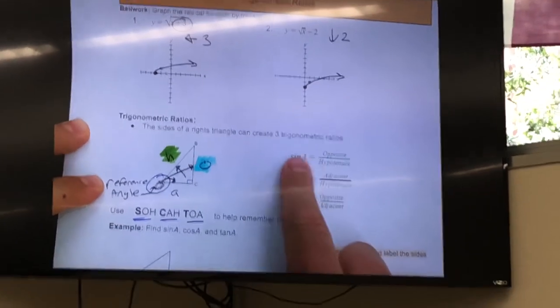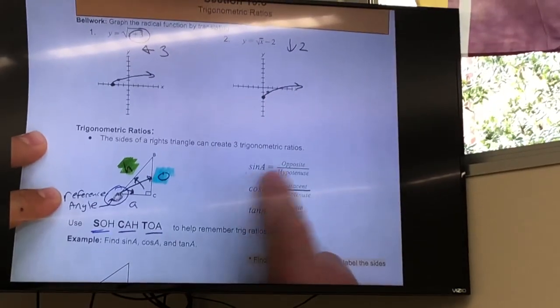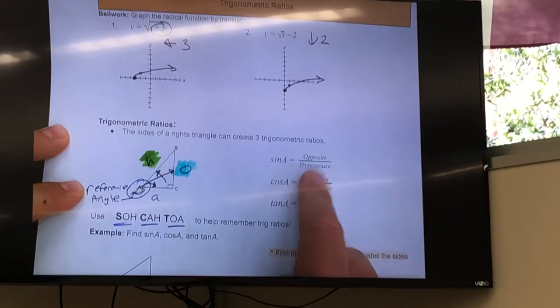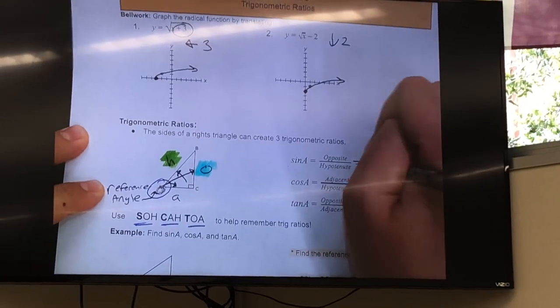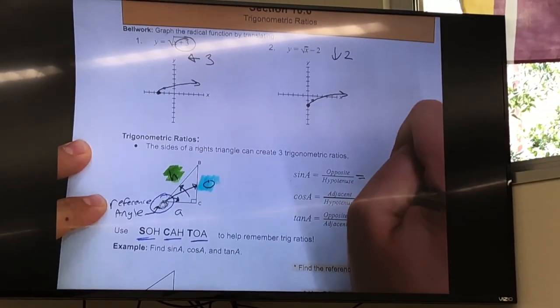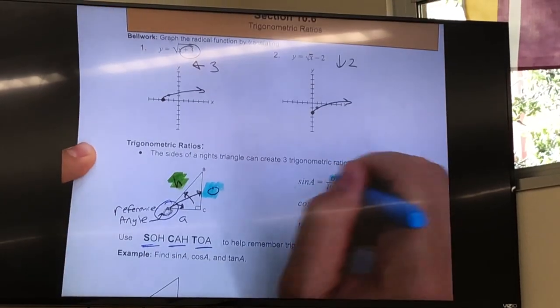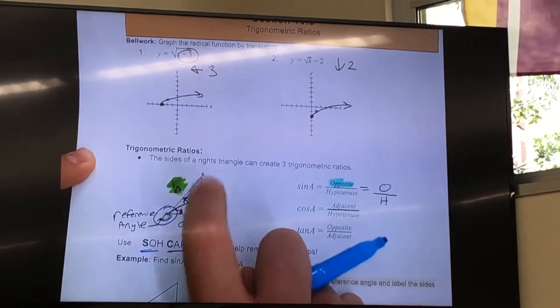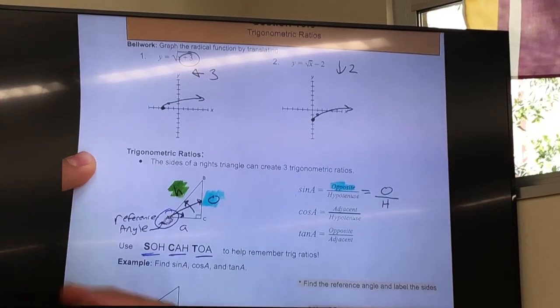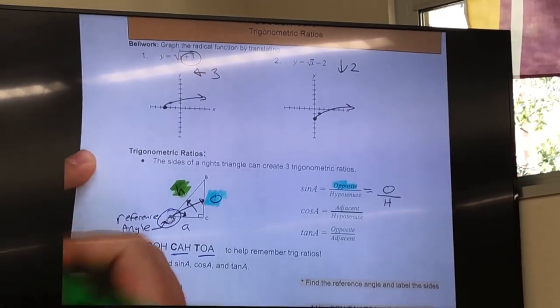S-O-H. If you look here, sine of A equals your opposite over your hypotenuse. So I'm going to write O over H. Our O was blue, so we would be taking the blue side over our hypotenuse, which will be green.